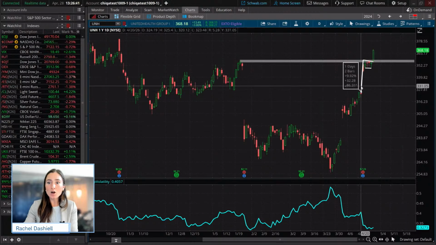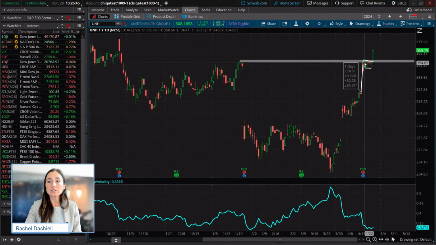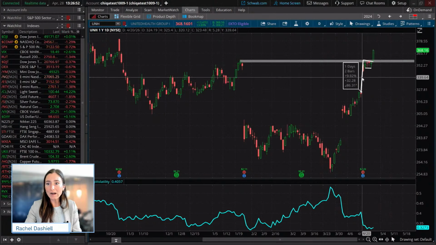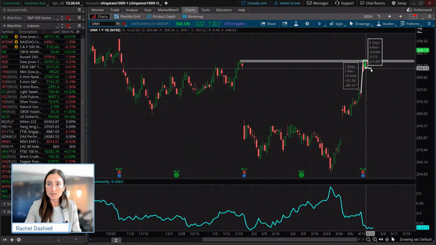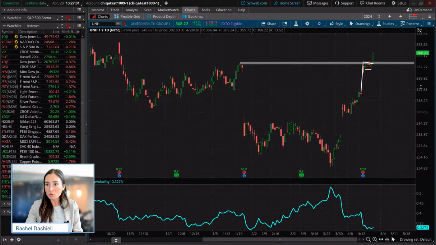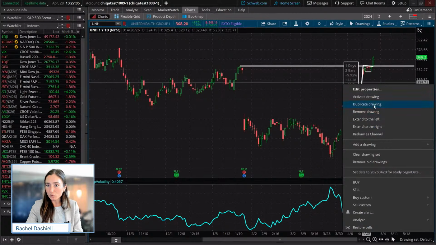This is a strong, sharp bullish move, typically leading up to a short-term consolidation that doesn't pull back more than half of this initial move, which we're seeing here. And then we typically have that break to the upside, which is what we're seeing today. So this is looking indeed like that possible bull flag.